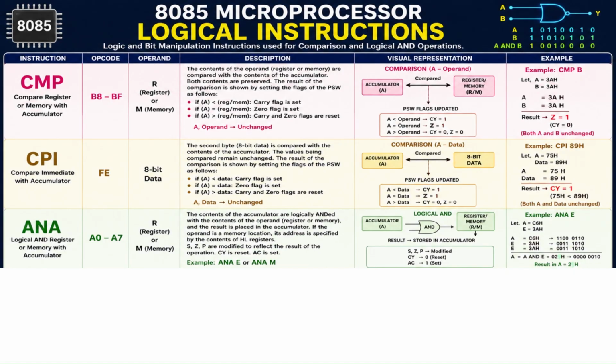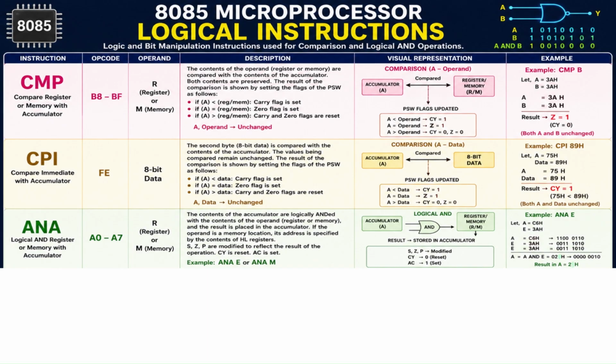Let's solve the example. Accumulator A is equal to C6H and register E contains 3AH. First convert them into binary. C6H means 11000110. 3AH becomes 00111010. Perform the AND operation on your own. The answer should be 00000010.